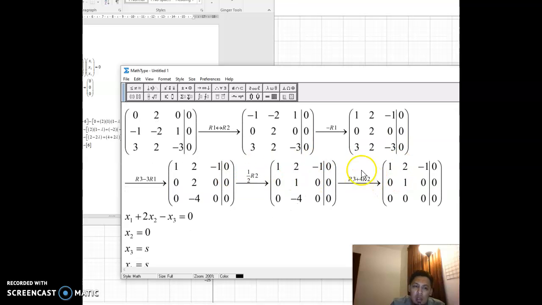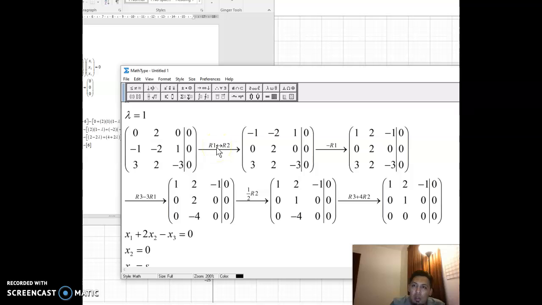Okay, and one thing that I want to emphasize is this: we haven't used this kind of way before, which is switching between rows. This way is actually useful if you encounter a diagonal that is 0.